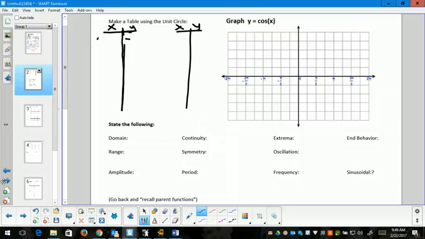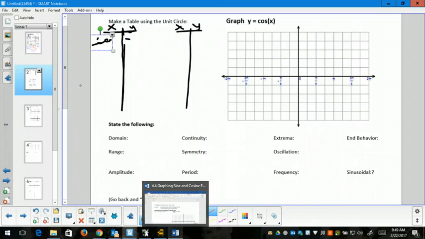Even though some of them couldn't be plotted, it gave you a more accurate graph. But for graphing the parent function real quickly, we're going to look at just the quadrantal angles: 0, pi over 2, pi, 3 pi over 2, and 2 pi.